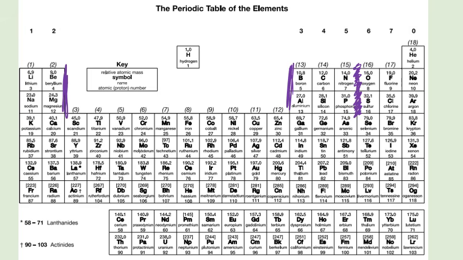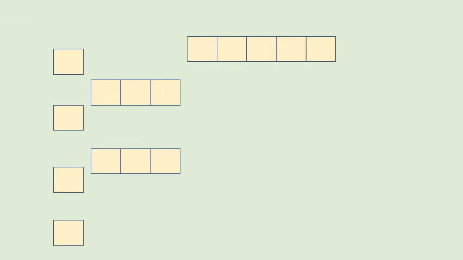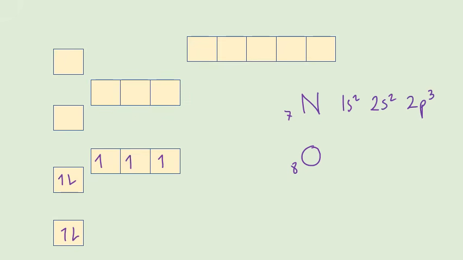I'm going to explain the nitrogen and oxygen one because sulfur and phosphorus is exactly the same. So let's look at the reason for the blip between nitrogen and oxygen. Nitrogen has 7 electrons, oxygen has 8. So nitrogen is 1s2, 2s2, 2p3.